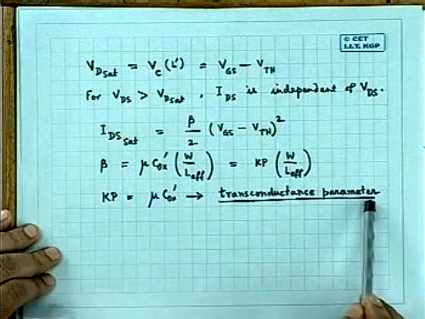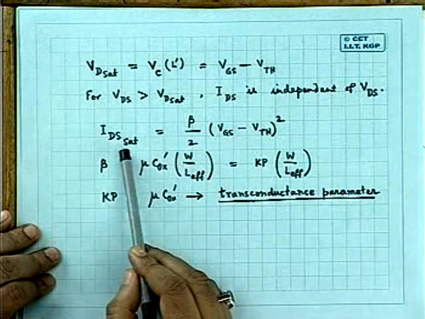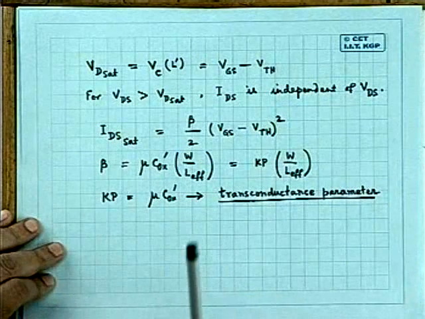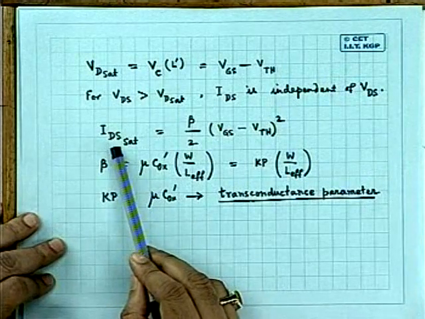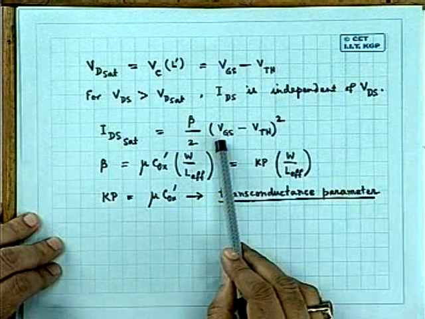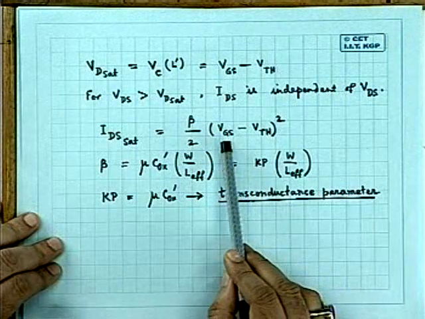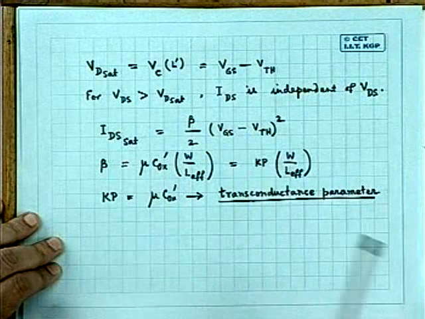This is called transconductance parameter. Here we saw the first model, the level 1, assumes that the current in saturation is related to the square of the difference between the VGS and threshold voltage.